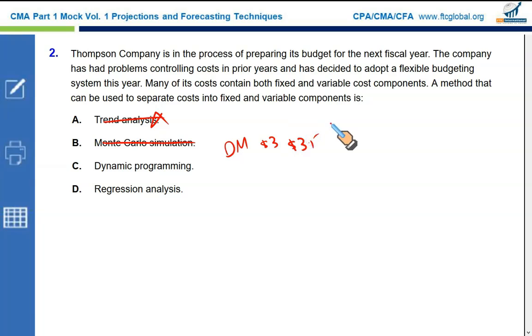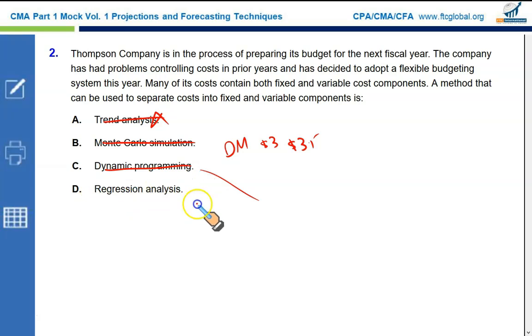So we use Monte Carlo simulation to generate individual values for a random variable, direct material, one of the components of cost of production. Then we have dynamic programming. This is again incorrect. Why? Because dynamic programming is used to make a series of interrelated decisions. Here we are just talking about separating fixed cost and variable cost from a mixed cost.